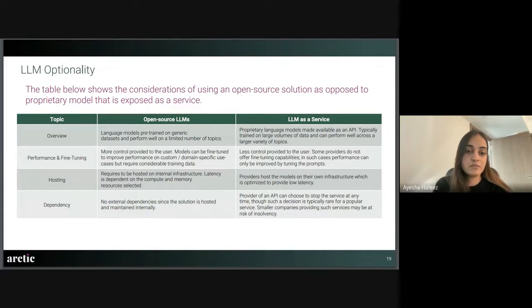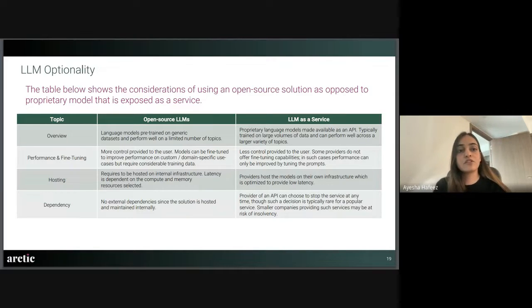Now, when it came to open source, a lot of the language models are pre-trained on generic data sets, but they tend to perform well on a much more limited number of topics, whereas LLM as a service models typically are trained on larger volumes and are more generalizable. The next bit was looking at the performance and fine-tuning capabilities.